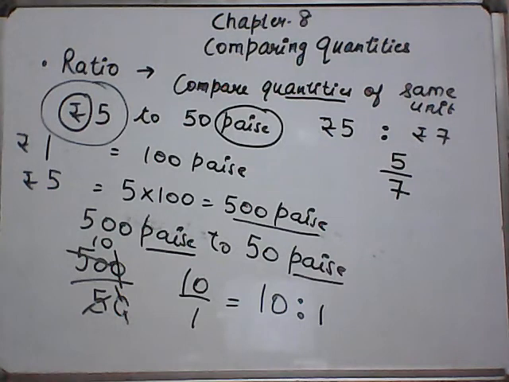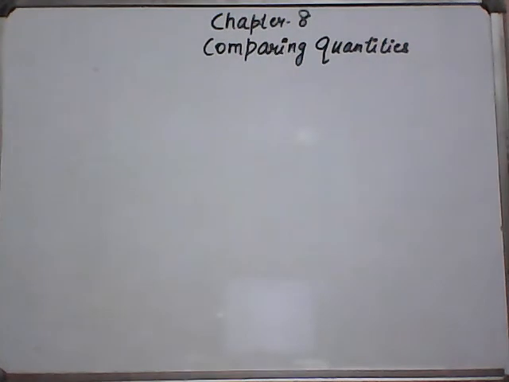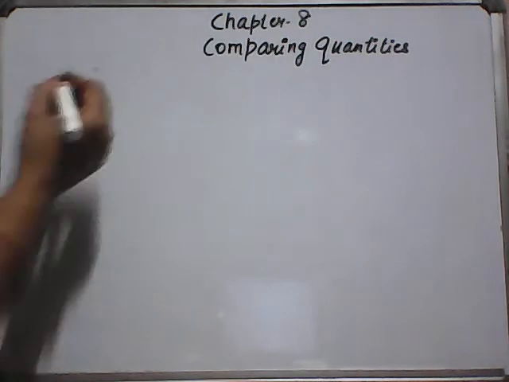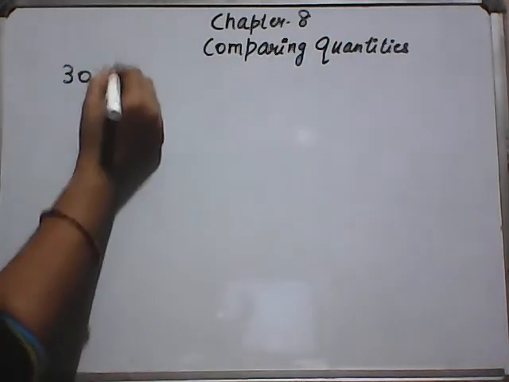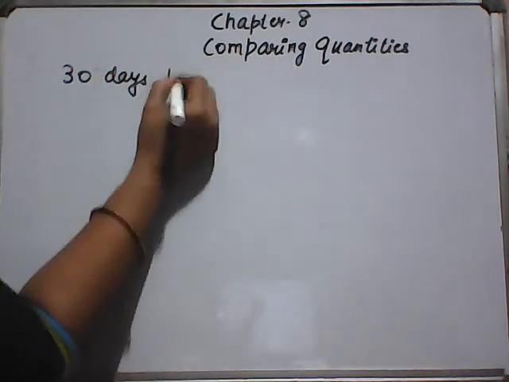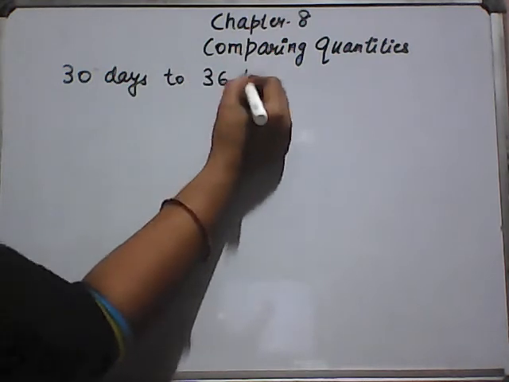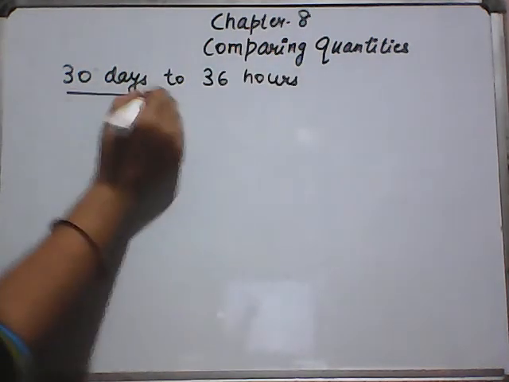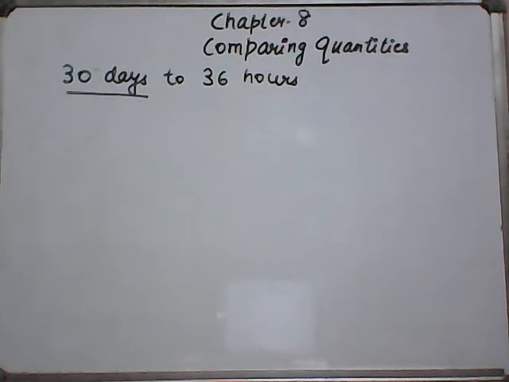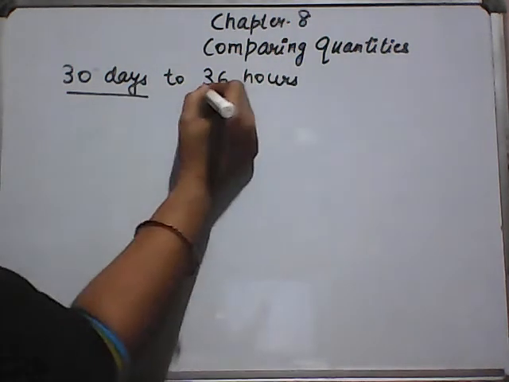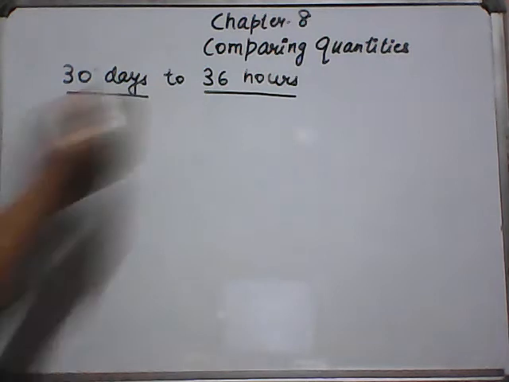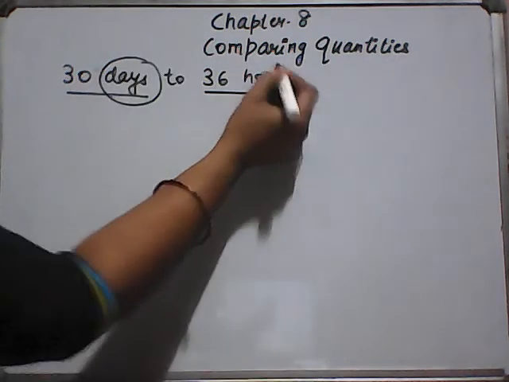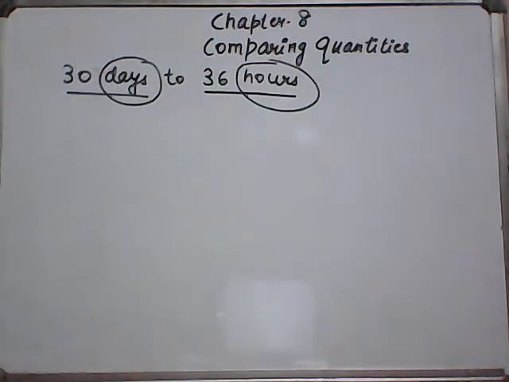Let us take another example. 30 days to 36 hours. We have to compare these two quantities. Here, first quantity is given in terms of days. Second quantity is given in terms of hours. Both are different type, days and hours.